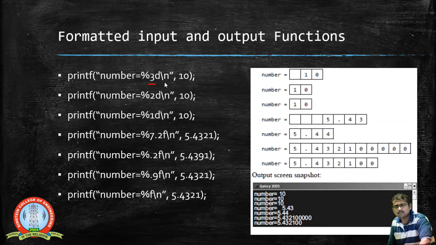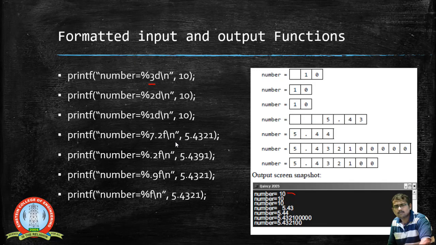So my printing will be like this, where it gives me 3 spaces, and in these 3 spaces I am occupying only 2 spaces with the value 10, and the first one will be a space. This shows the corresponding output of this printf statement.